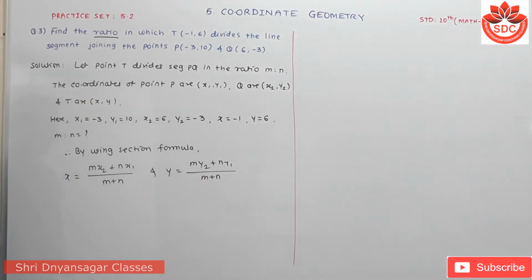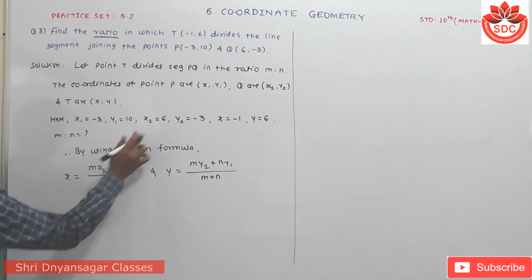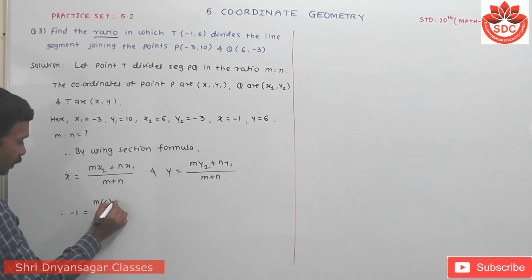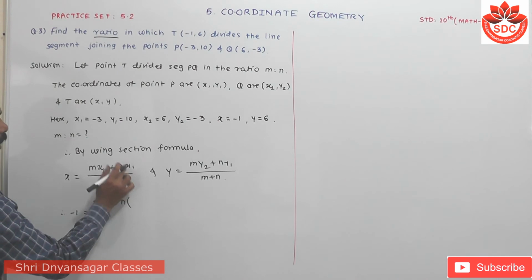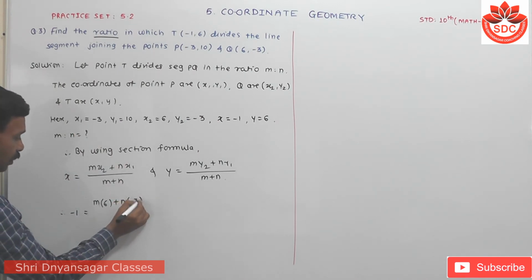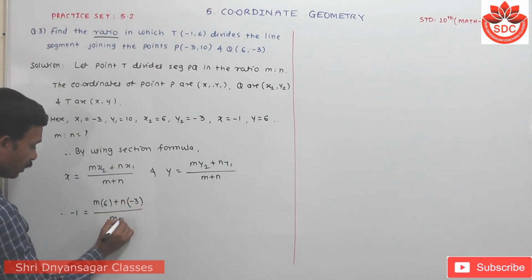Student, we have to find out the ratio m:n, so take any one of these x and y coordinates. I will take only x. The value of x is -1, equal to (m times x2, which is 6, plus n times x1, which is -3) upon (m + n).